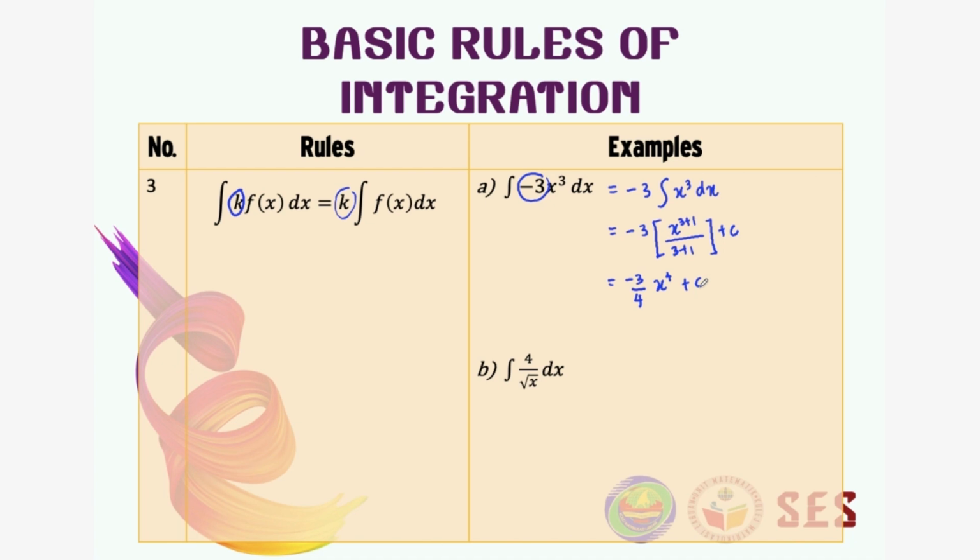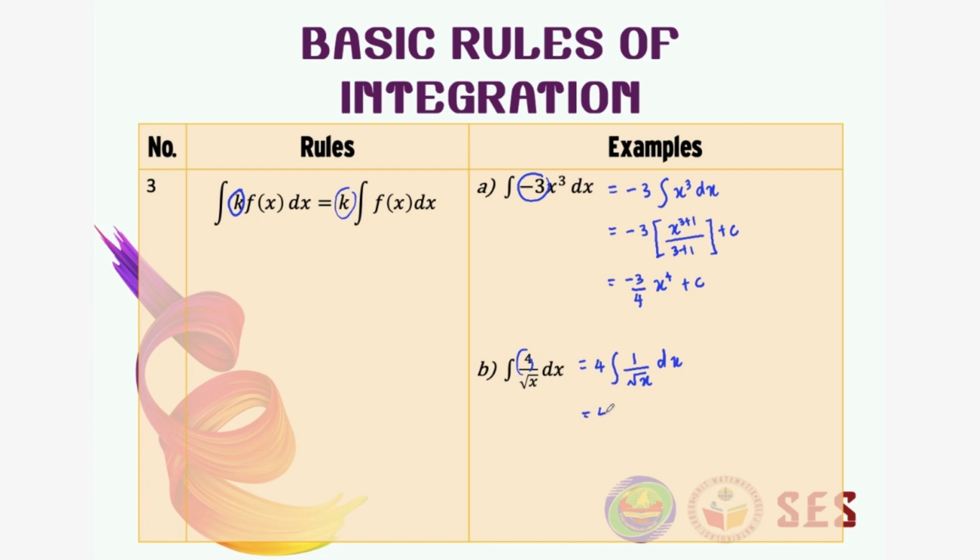Alright, so let's try one more example. So we have 4 as our constant, so we can bring out our constant. So what's left is 1 divided by square root of x dx. So I am very sure that everyone should know what square root of x is. So square root of x is x to the power of 1 over 2.